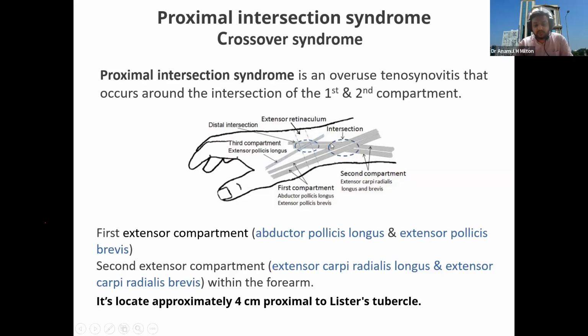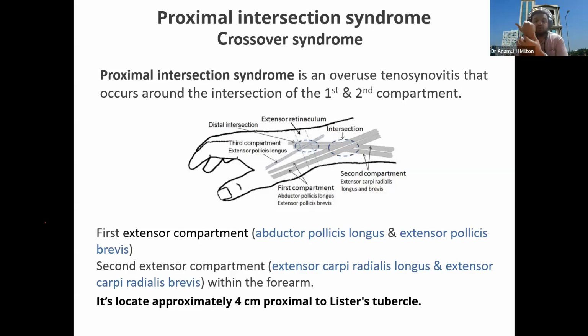So these tendons cross over just around 4 to 5 centimeters proximal to the wrist joint. So if there is any direct trauma or any work that causes repeated friction on these tendons, like when the first tendon crosses the second tendon, then there is inflammation and micro trauma and it causes pain.